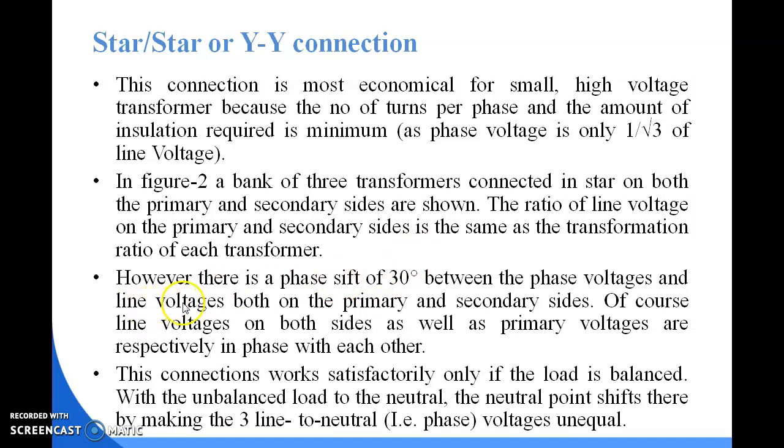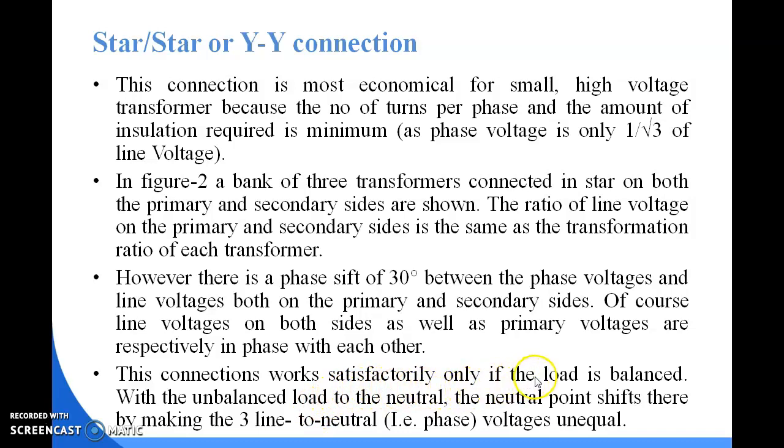Be very clear. However, there is a phase shift of 30 degree between the phase voltage and the line voltage on the primary and secondary sides. Of course, the line voltage on both sides as well as the phase voltage are respectively in phase with each other in star-star connection.